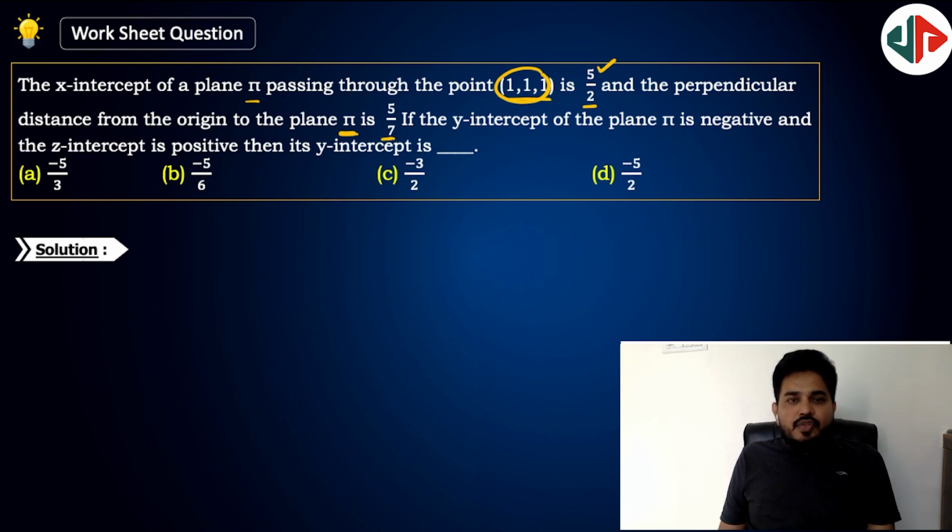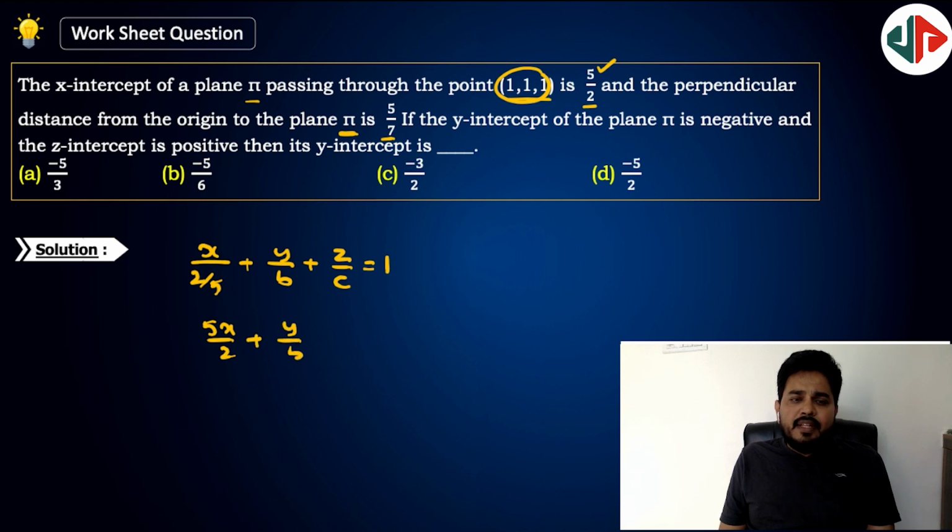Okay. So how can I write, where do I need to start? Okay. So what I'll do is x by 5/2 plus y by b plus z by c is equal to 1. So this is 2x by 5 plus y by b plus z by c is equal to 1.